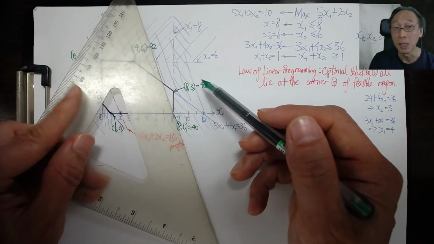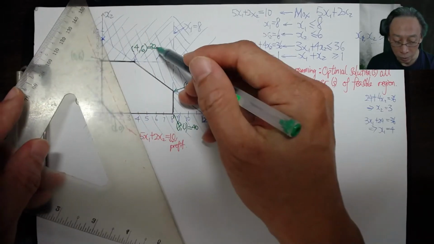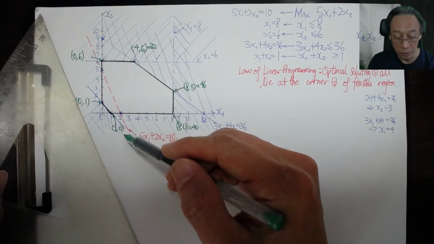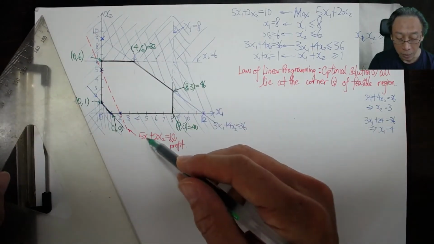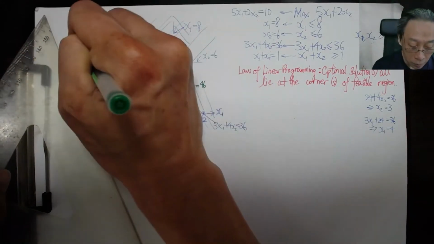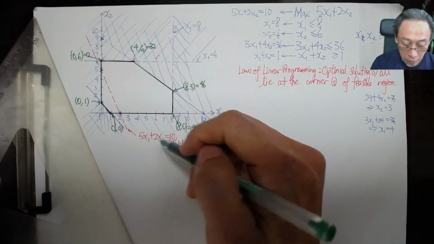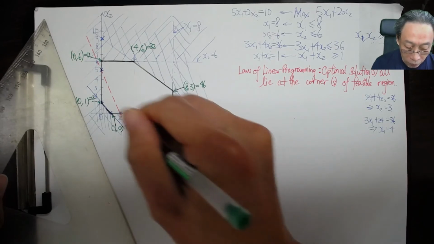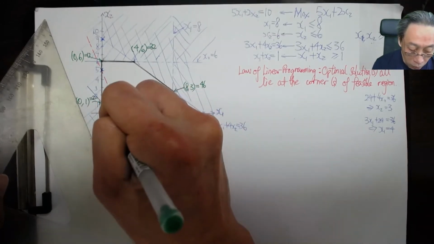As a matter of learning and illustration, I also evaluated these 2 points. You can also try evaluating the values for these 3 other points. Namely, you have 12, so this is 12, and this is 2 times 1, you get 2. And of course, this you get 5 times 1, and you get 5.